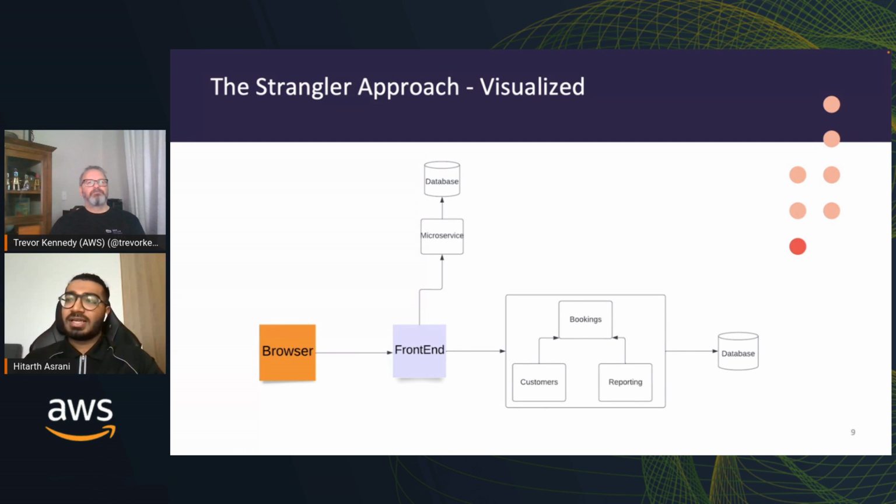On the next slide, in this case, we've introduced a new microservice and the database, right? Thinking of it in AWS terms, it could be a Lambda function connecting to a DynamoDB database. That's the example we'll go with in the live demo.